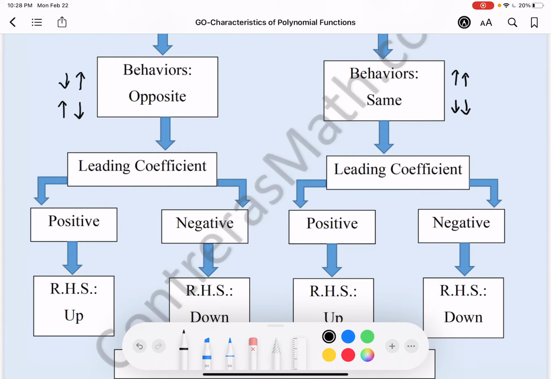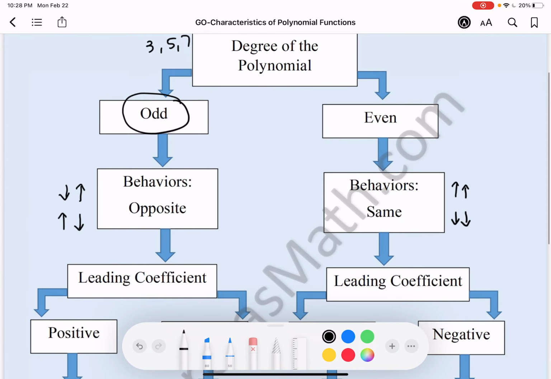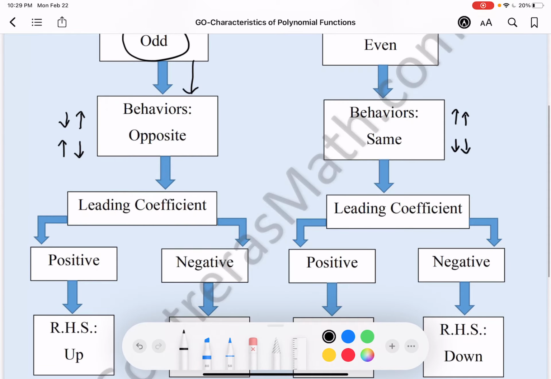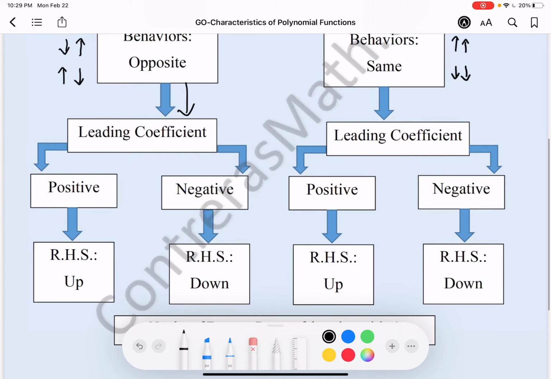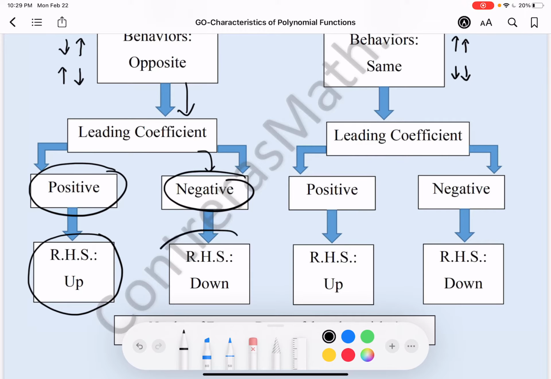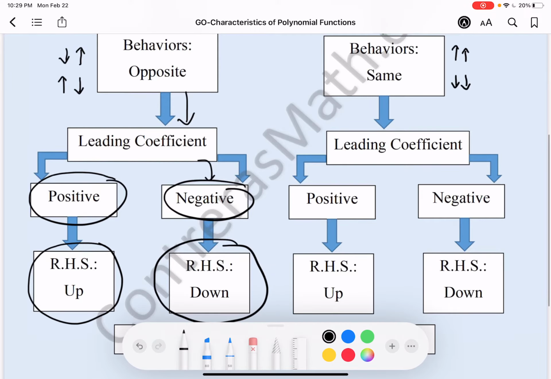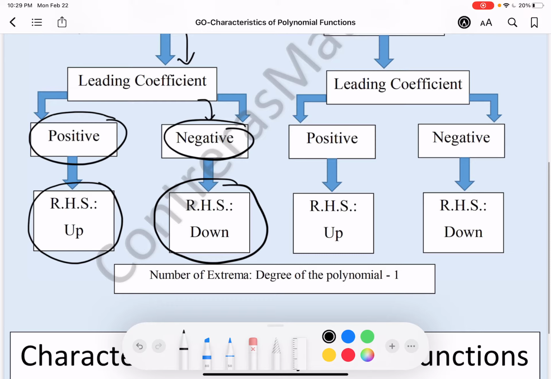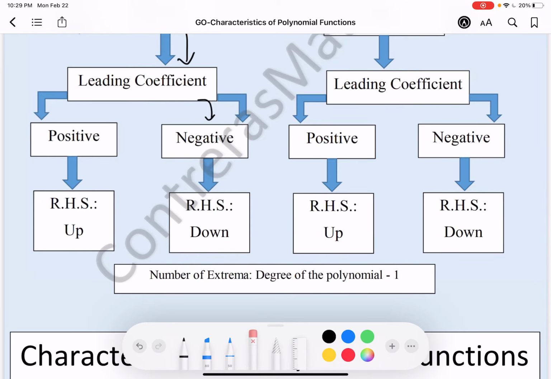Okay, then you look at the leading coefficient. So let's say I'm going to the odds. Then I ask, what is my leading coefficient? Let's say my leading coefficient is positive. That means the right hand side of my function is going to go up. If I have a negative coefficient, that means my right hand side is going to face down. So it's kind of like a little guide to help you.